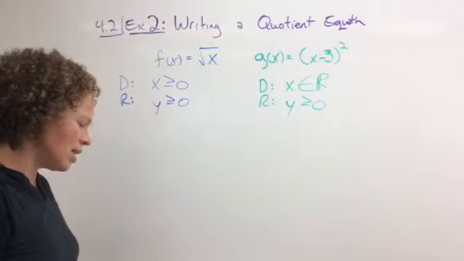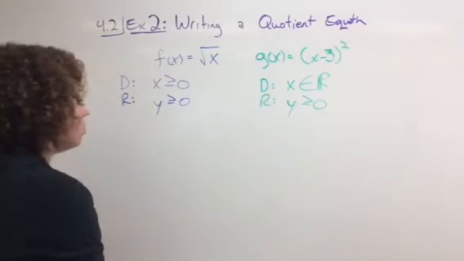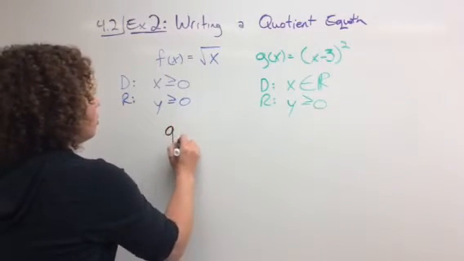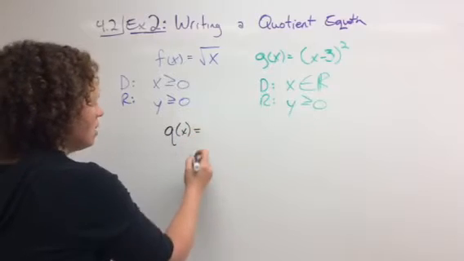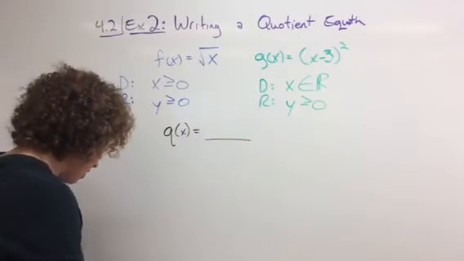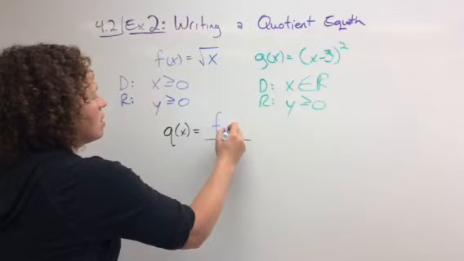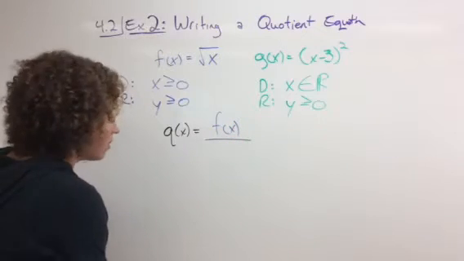The next thing that it asks us to do is make a new function where q of x is equal to, just make a line there, f of x over g of x.